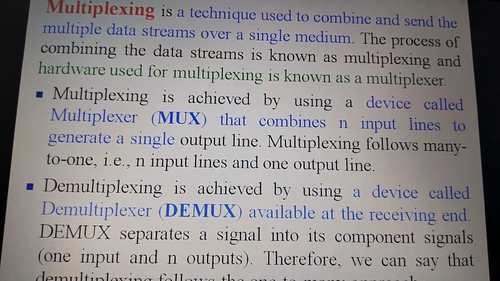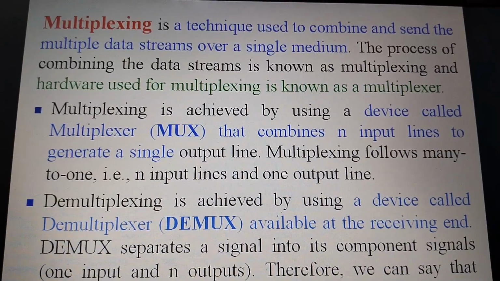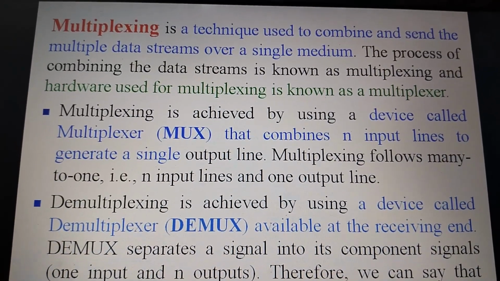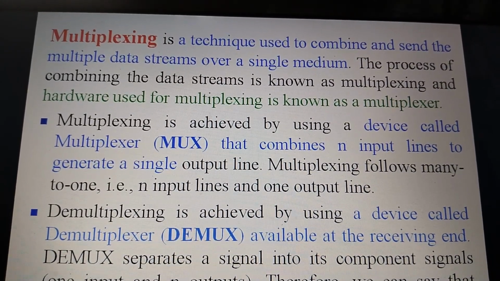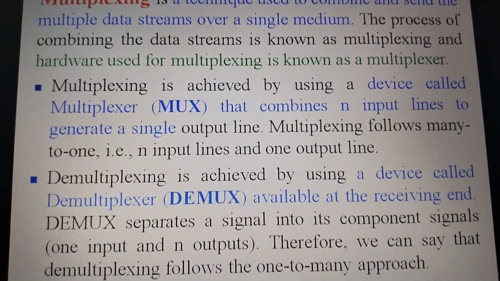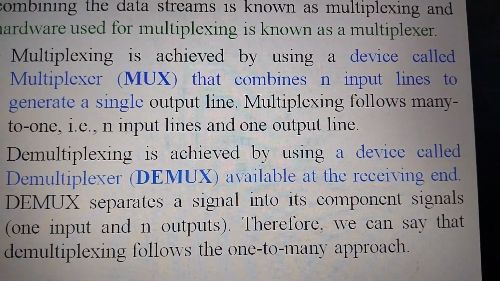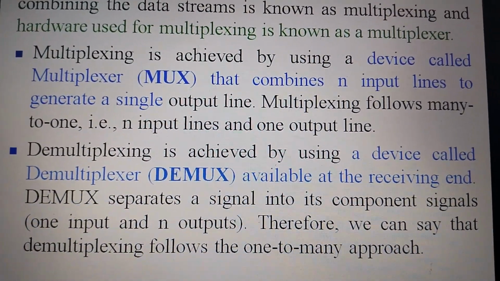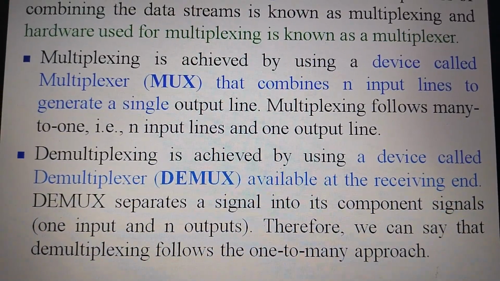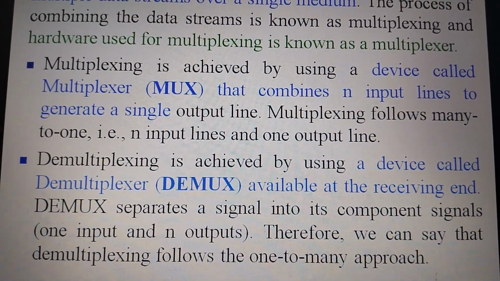Next, what about demultiplexing? Multiplexing is performed at the sender side, where the sender receives n input lines and combines them into a single output line. That single output line travels from sender to receiver. At the receiver side there is one more device called the demultiplexer.